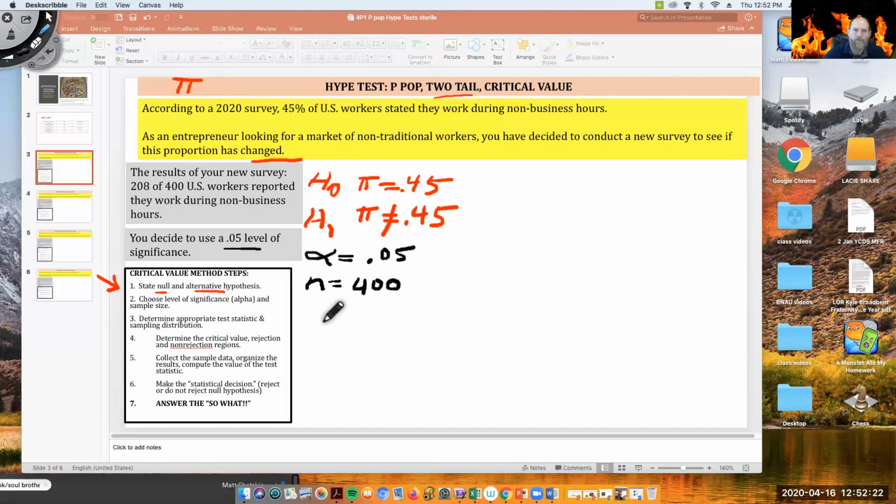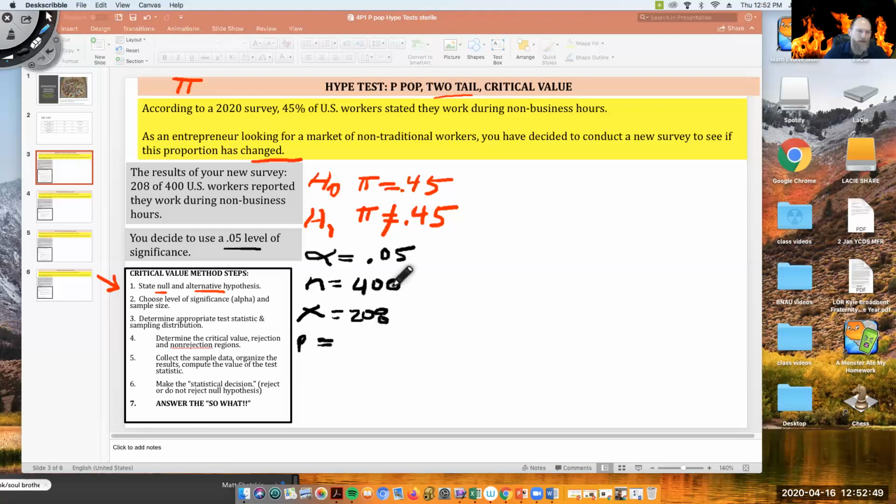You're close. X, the characteristic we're interested in, workers that work during non-business hours, is 208. Okay. And so therefore, X divided by N is P, which we don't care about just yet, but we might as well compute it.